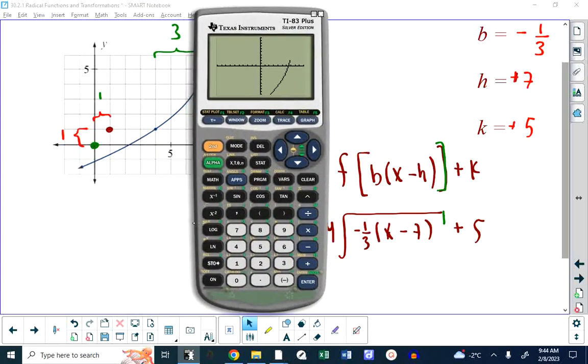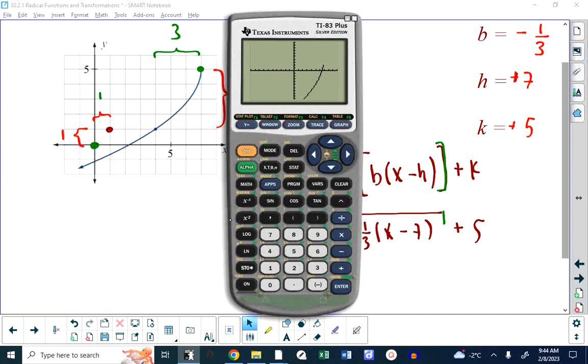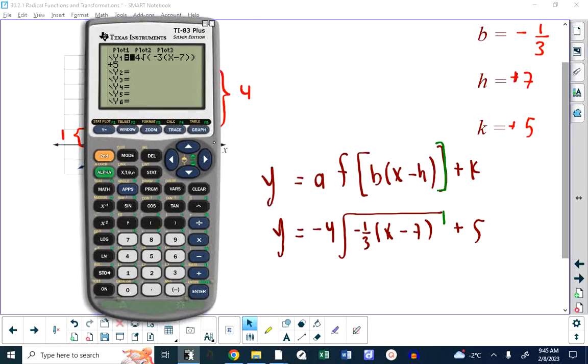By the way, we could confirm something. Did I enter that right? -4. Oh, no, I didn't enter it right. 1 divided by 3. Whoops. Divided by 3 bracket x minus 7 bracket plus 5. That's better. I put 3 instead of a third.